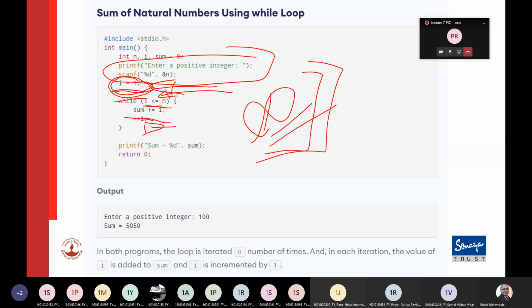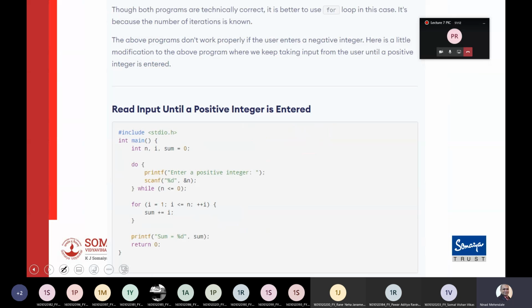But still, these kinds of attackers are there, and we as computer programmers should always try to avoid these kinds of attacks. Now I entered 100, and the sum of all natural numbers till 100 comes out to be 5050. In both the programs, n is stored as the number of times, and then the iteration i is incremented by 1, and the final answer is stored in the sum variable.